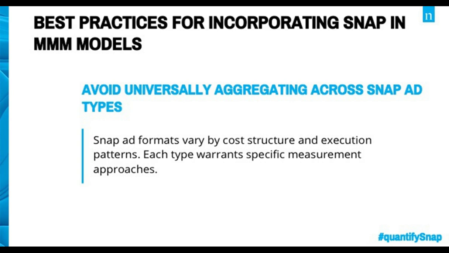And then finally, the last best practice is around how you model Snap itself. Snap as a whole is so different from other social platforms, but even because of the different ad types, there are unique nuances within it, not only in how you interact and engage with your consumers, but also in how you buy them.